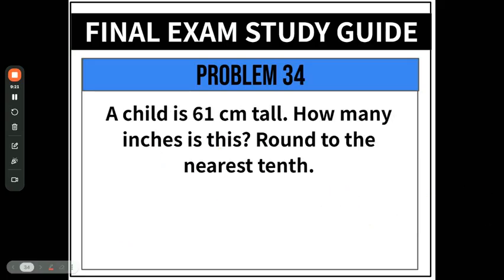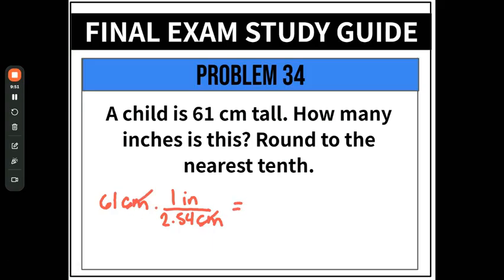Problem 34. A child is 61 centimeters tall. How many inches is this? Round to the nearest tenth. Now, this is exactly what we just did, except backwards. So this time we're starting with centimeters. We're going to use the same conversion factor we just used. 2.54 centimeters equals 1 inch.